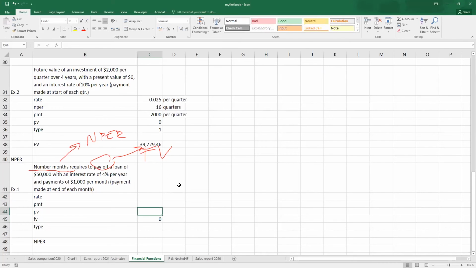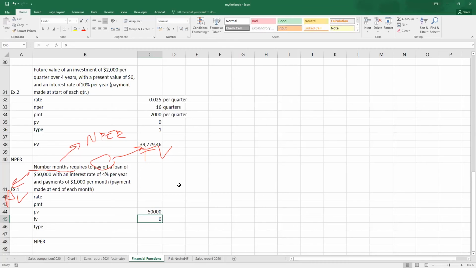You put 0 here. Next, you would like to pay off a loan of 50,000. 50,000 means that you borrow the money, 50,000, from a bank or a financial institution. So that means on the first day, you have this amount of money. And when the money is with you, the amount must be positive 50,000 because it is with you. Then this is PV, 50,000 in positive.